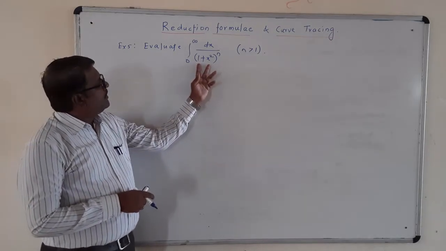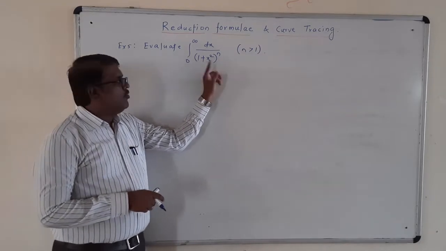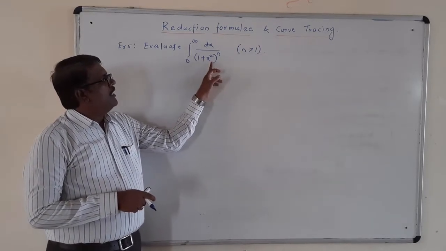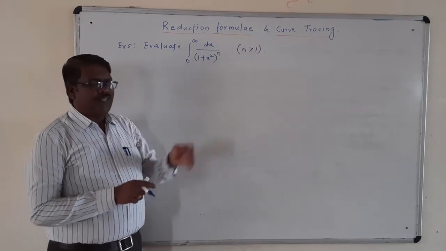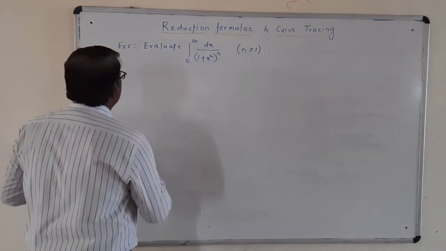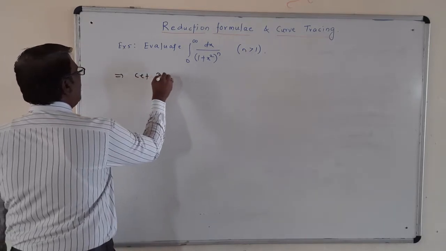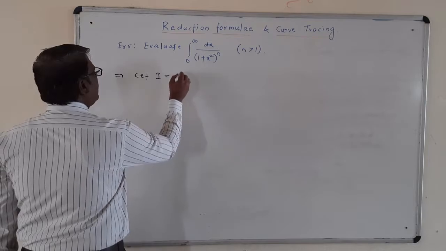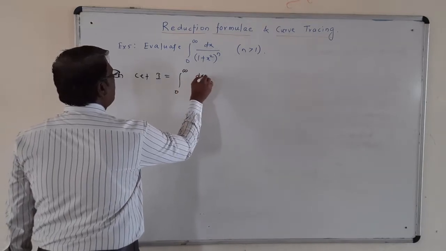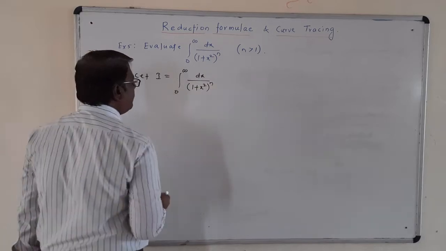As in the denominator, the term is like 1 plus x square, so we will go for the substitution x is equal to tan theta. So I will first assume the given integral as: let I is equal to integration 0 to infinity dx upon 1 plus x square raised to n.